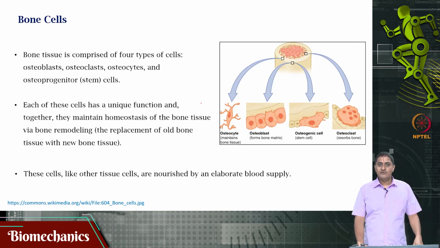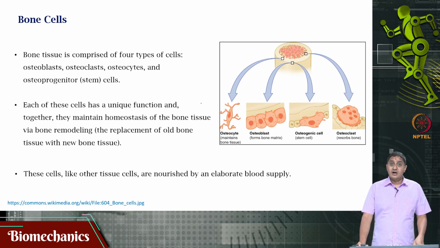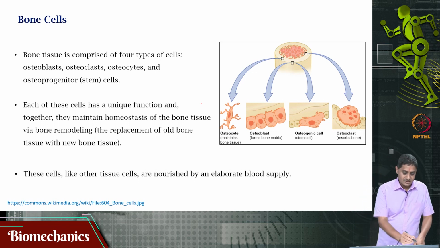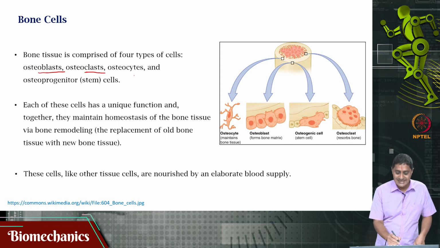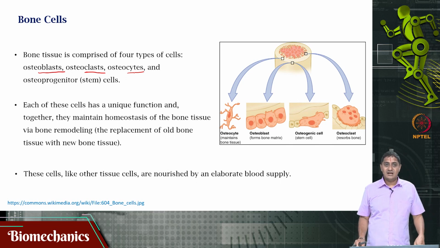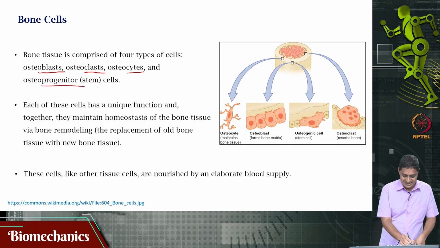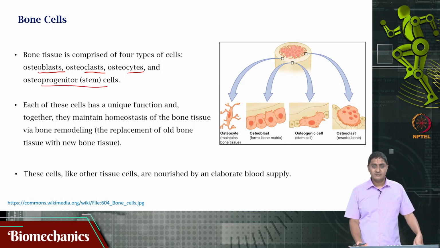Bone has 4 types of cells, the so called osteoblasts, osteoclasts, osteocytes and the osteoprogenitor or the stem cells. Okay.